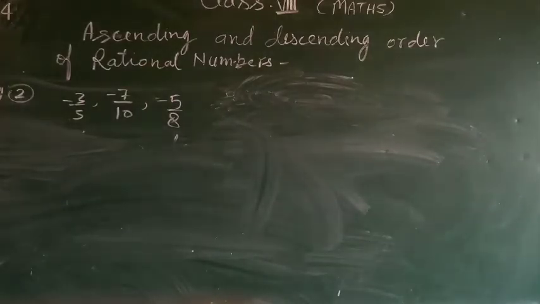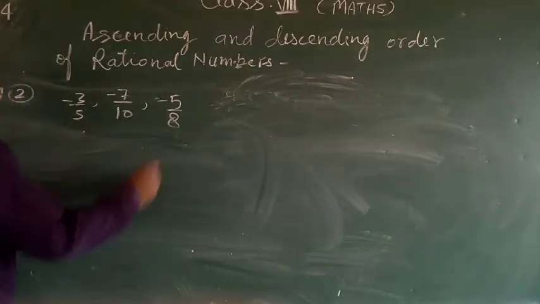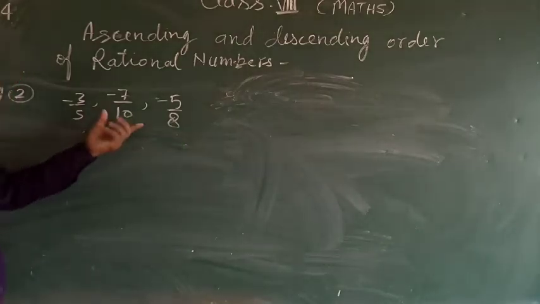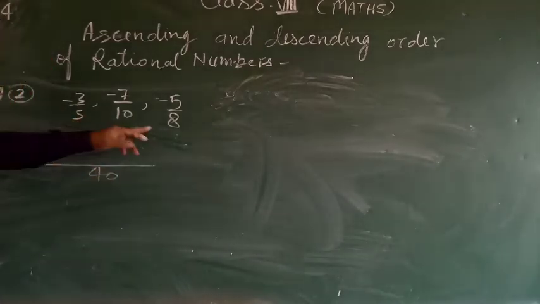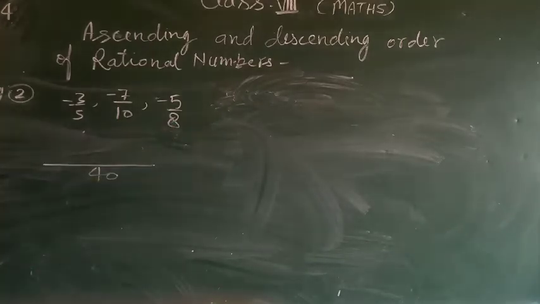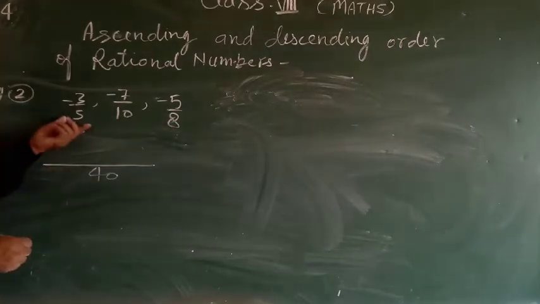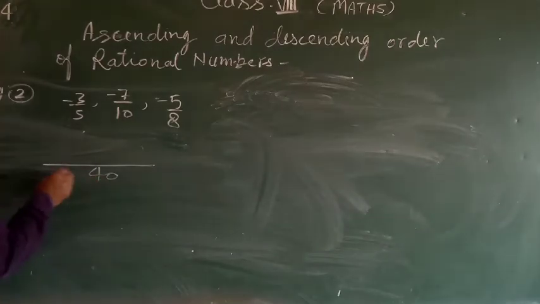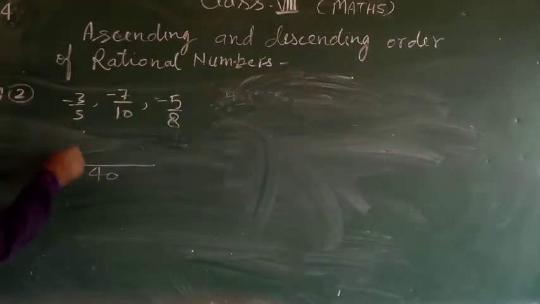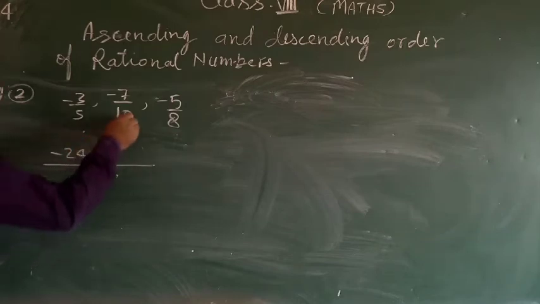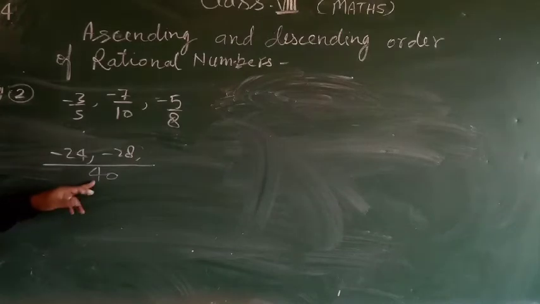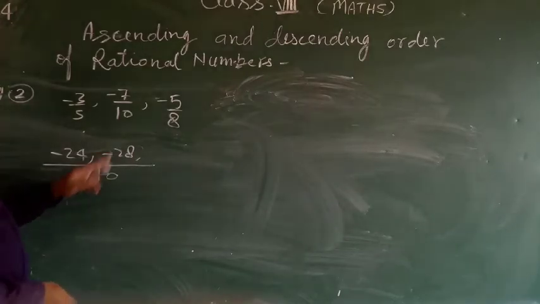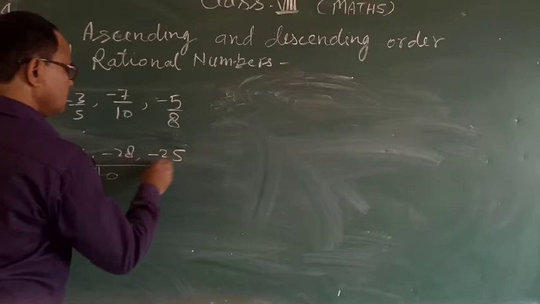Taking the LCM of both because the denominators are different, we get the LCM of 5, 10, 8 as 40. 5 times 8 is 40, and 8 times 3 is minus 24. 10 times 4 is 40, and 4 times 7 is 28. 8 times 5 is 40, and 5 times 5 is 25.